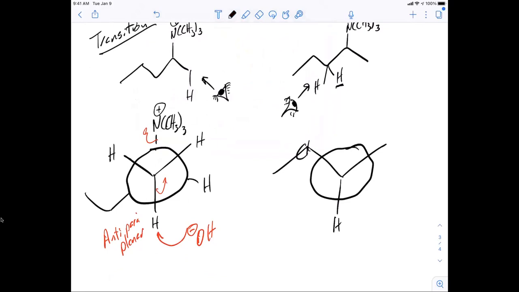Now I have my CH2 and my CH3. I have my other hydrogen. Now I've got my nitrogen. I'm going to draw it out a little differently so you can see the point here: when you make this quaternary salt, that nitrogen is tetrahedral, right?